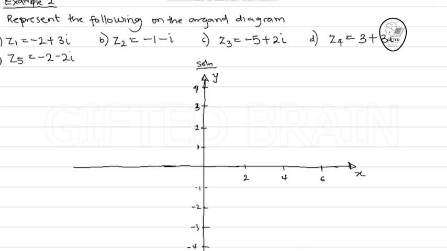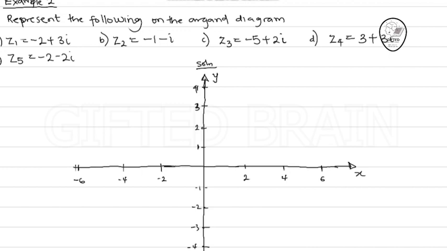So this will be again minus 2, minus 4, minus 6. Okay, and so we can now go ahead to represent.